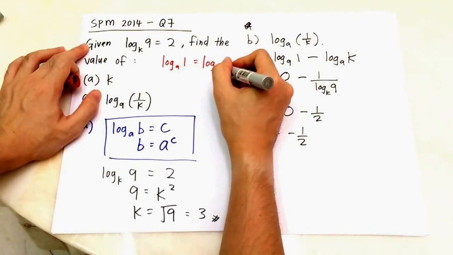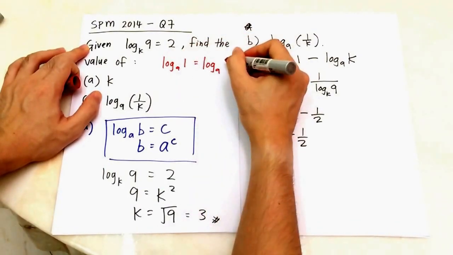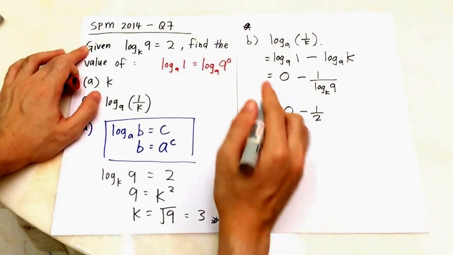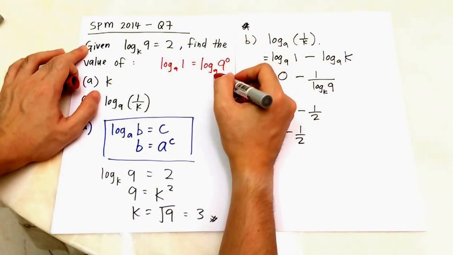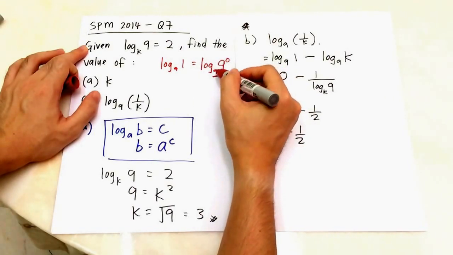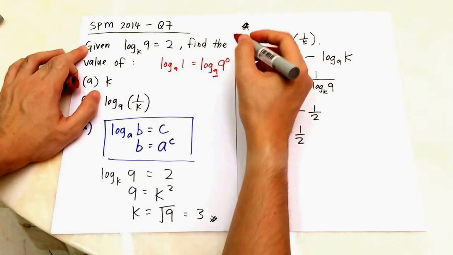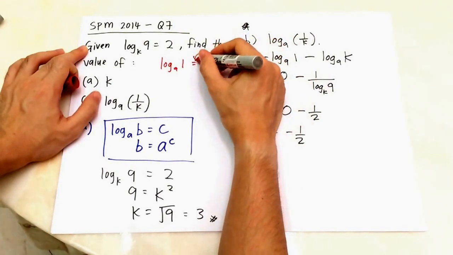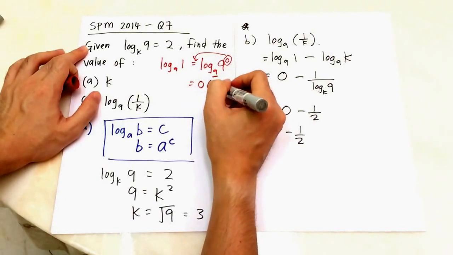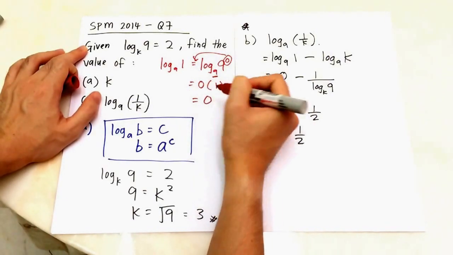So I change the 1 into 9 power of 0, because 9 power of 0 is actually 1. Why do I choose 9 power of 0? Because this is base 9. Because the base number and this number are the same, they will become 1. And then the power, I can move in front. This is a basic log rule. So I get 0 multiplied by log 9 9, which is 1. Therefore, I get 0.